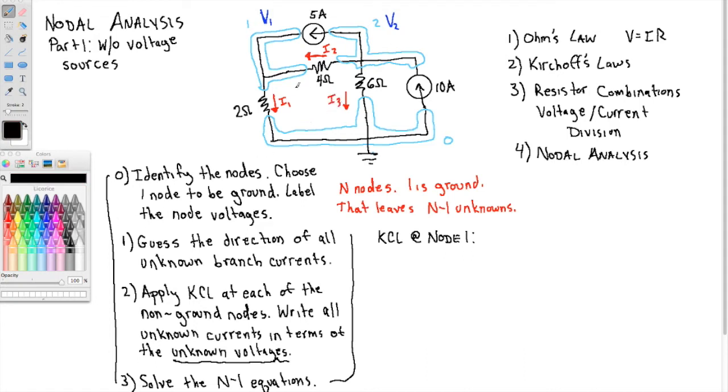So based on my guesses of directions of the currents, KCL at node 1, I have 5 amps coming in, plus I have I2 coming in, equals the sum of the currents leaving, and at node 1 the only current I have leaving is I1.